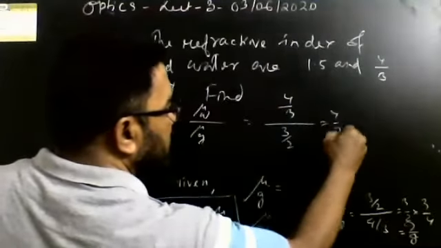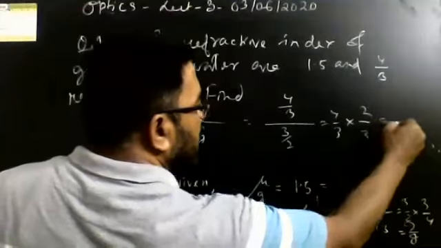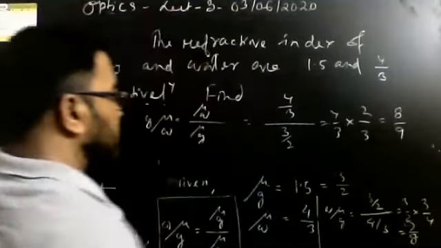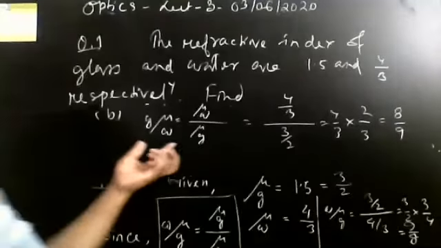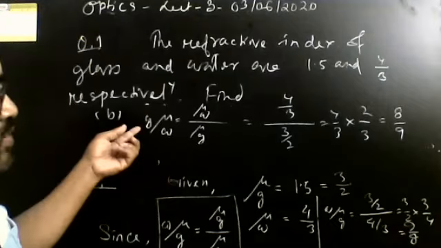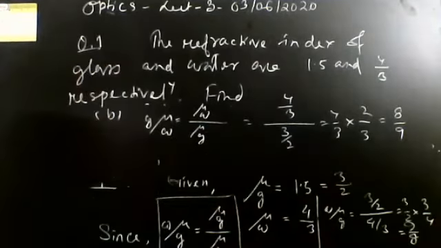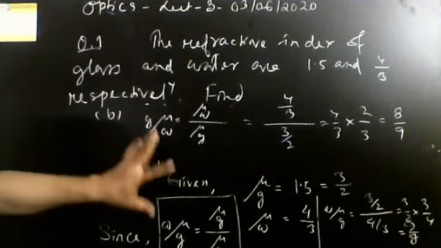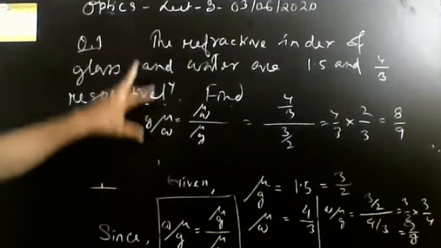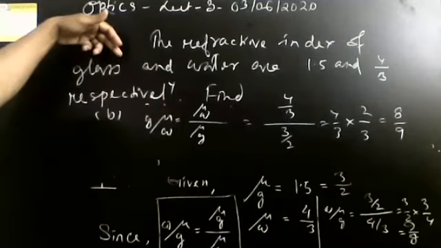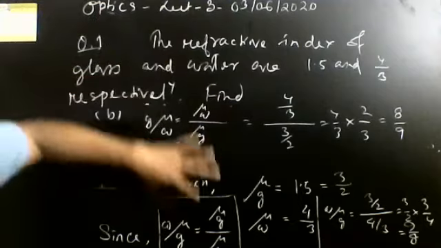So 4/3 into 2/3 is 8/9, right? So this is the refractive index of water with respect to glass. Okay, 8/9. So in this way we can solve the problems by utilizing this simple formula.